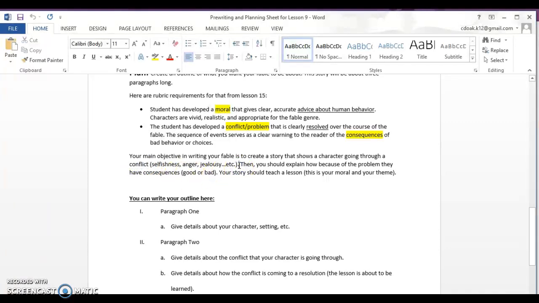Then you should explain how, because of that problem, that conflict, they have consequences, whether good or bad. The purpose of your story is to teach a lesson. This is going to be the moral they're talking about, and ultimately the theme of your story, okay?